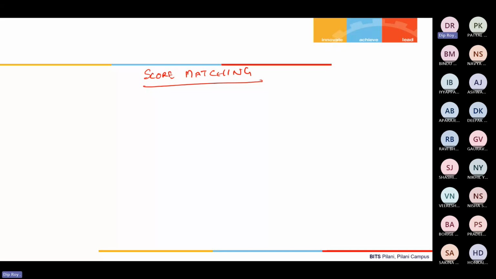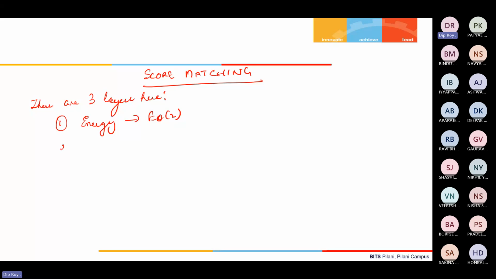Now, we need to remember that there are three layers here. The first layer is your energy, which is E theta x.